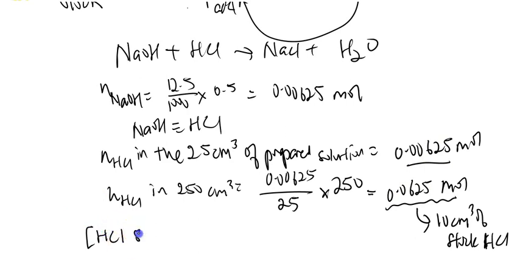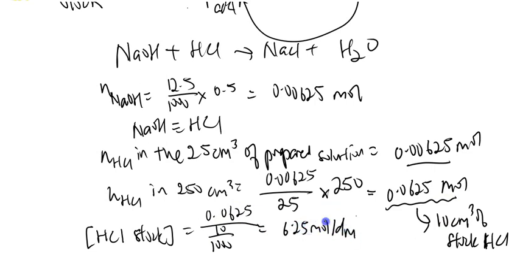Concentration of HCl stock. This is found in 10 cm cube. So concentration is simply number of moles over the volume. This is in 10, so it's 10 divided by 1000. I will have 6.25 moles per dm cube. So this is the concentration of the initial stock solution.